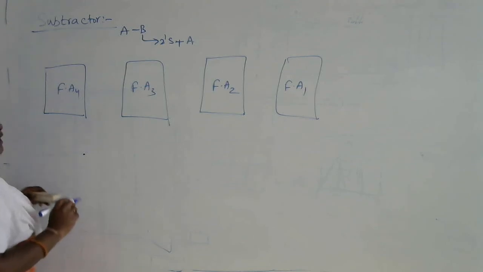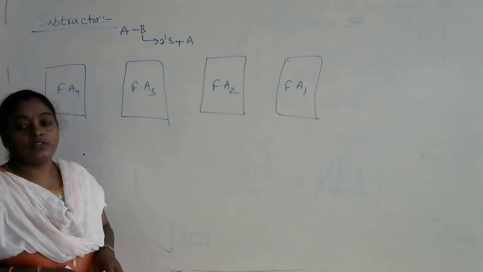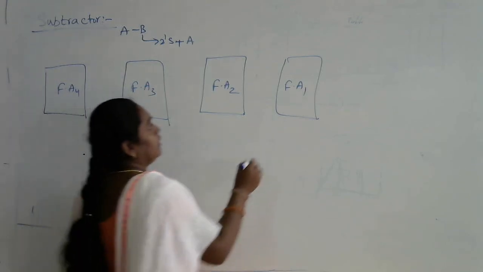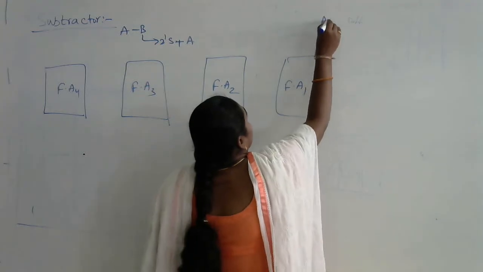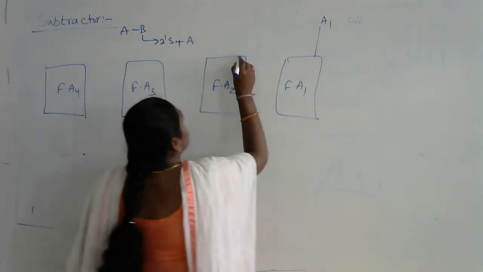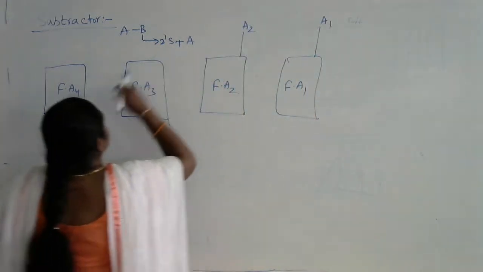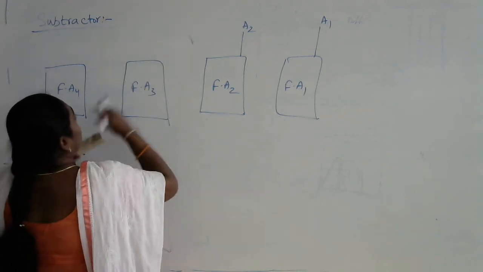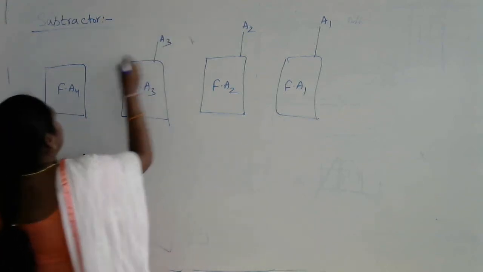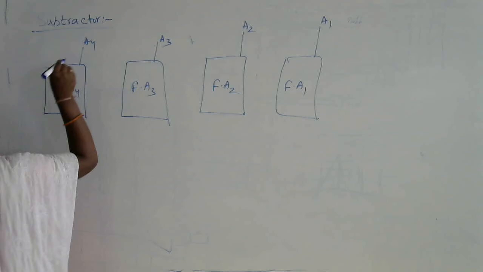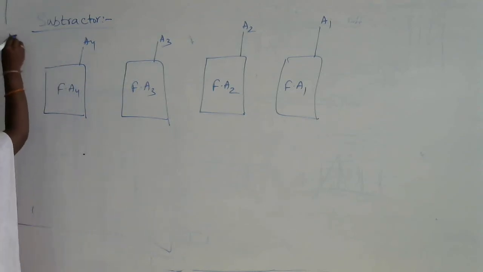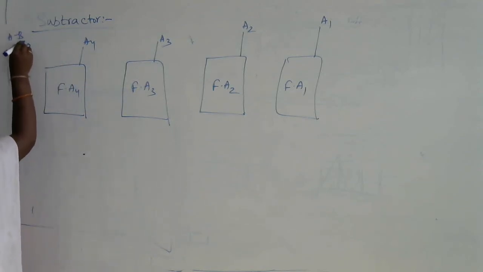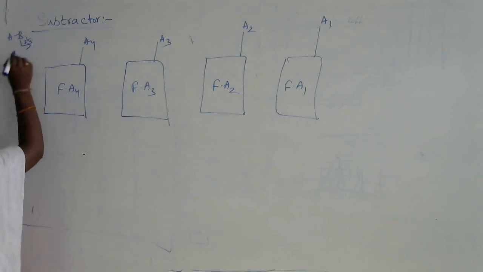Each full adder, as we know, consists of 3 inputs. One input is A1, A2, A3, A4. As I told you, in order to perform A minus B, I need to perform the 2's complement, which is the 1's complement plus 1.